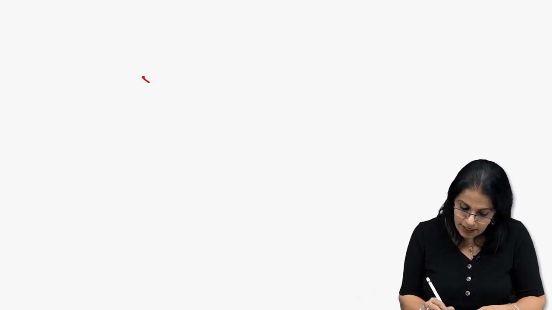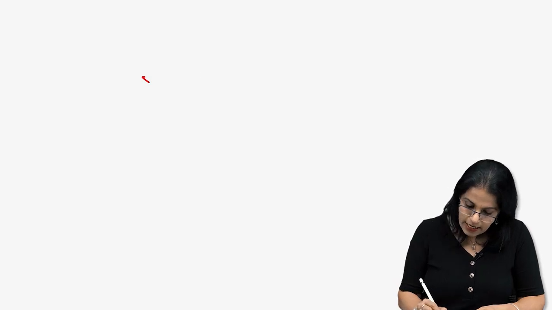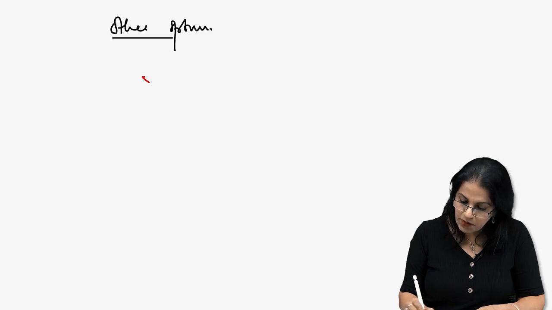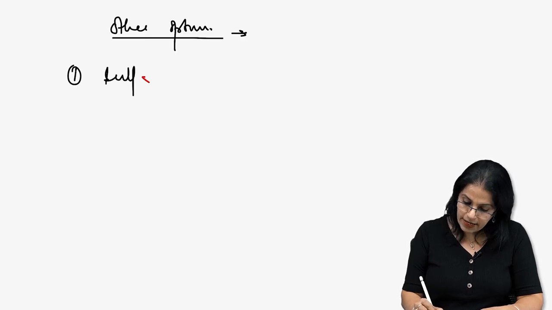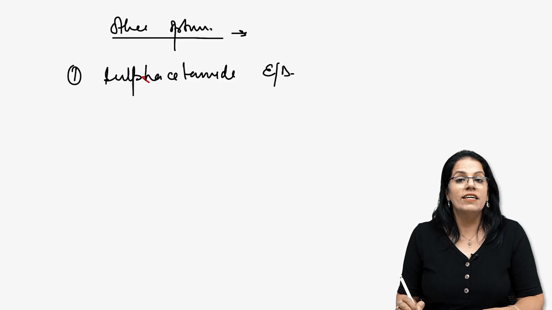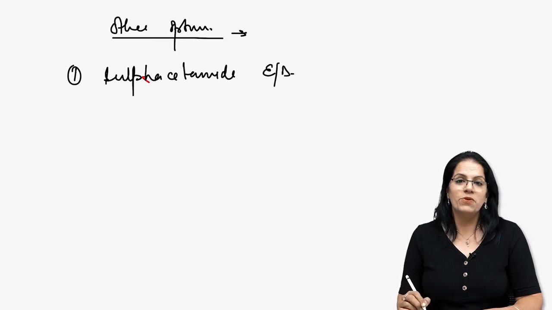Once we are talking about azithromycin, is there any other antibiotic that you can give for the treatment? Yes, you should also know some other options. Apart from azithromycin, the other options can be sulfacetamide eye drops, commonly used. For sulfacetamide eye drops, you have to check for any sulfa allergy in the patient before you choose to give this.